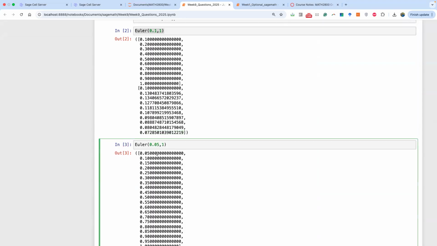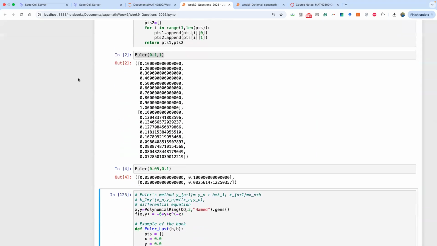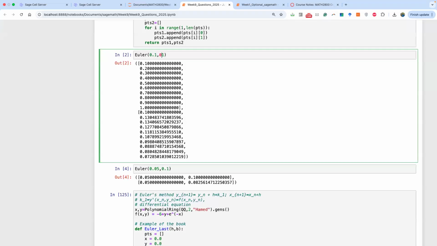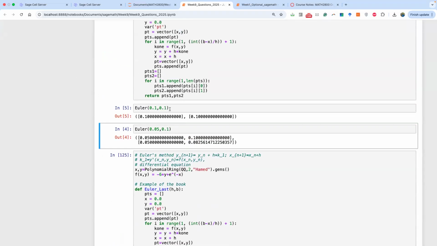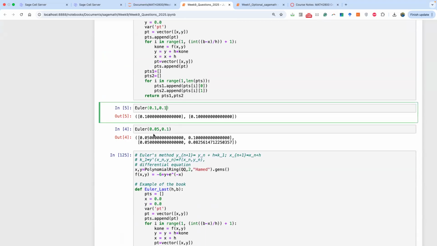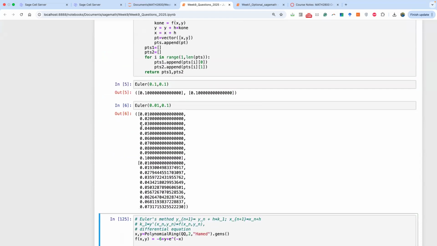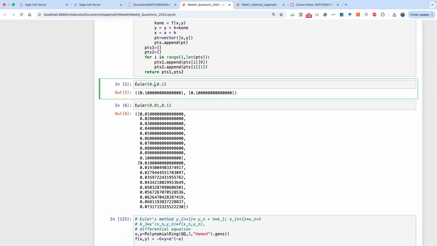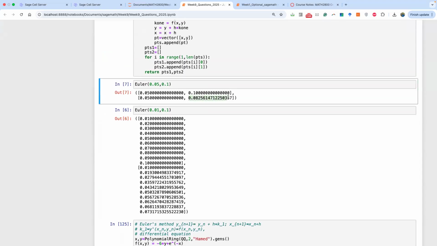And what about this one? 0.1. Let's use just one step. It's awful. And this one, let's use 0.05. Okay, the answer is this one here, and the answer is this one here.